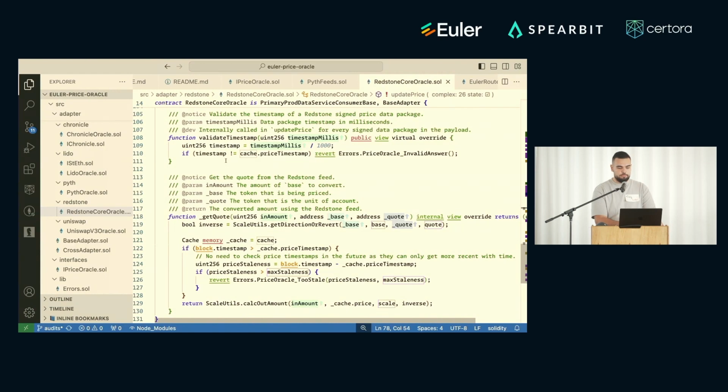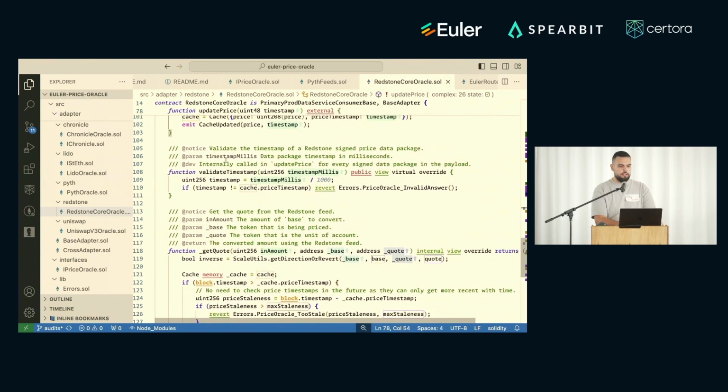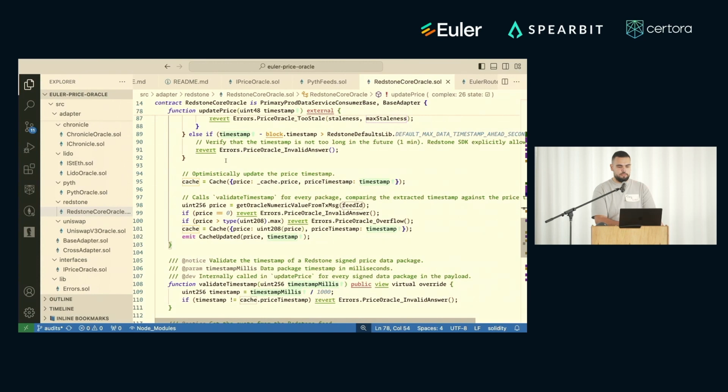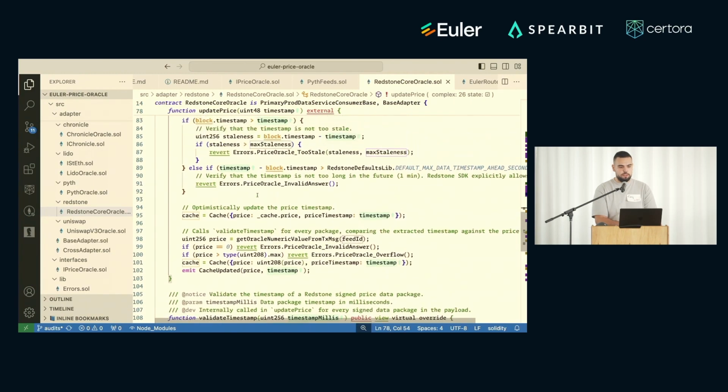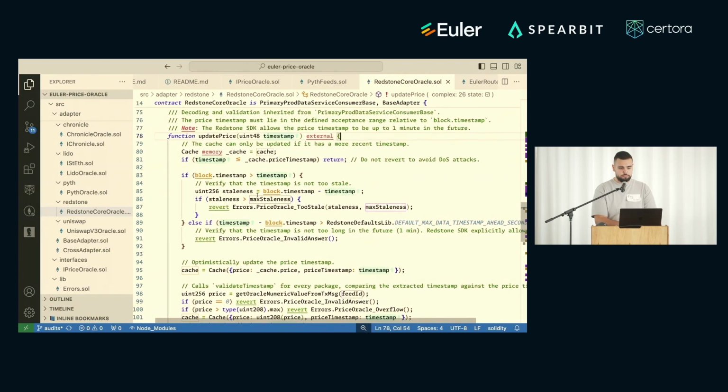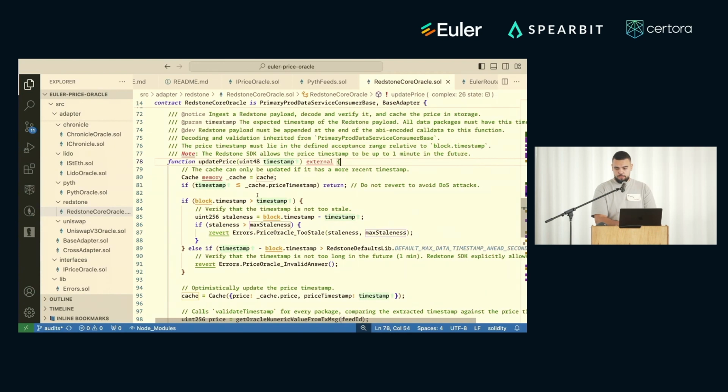So you'll see other adapters have this assumption as well, that the update call and the get quote call are bundled into the same multi-call transaction. So anyways, yeah, update price is very weird when you look at it for the first time.